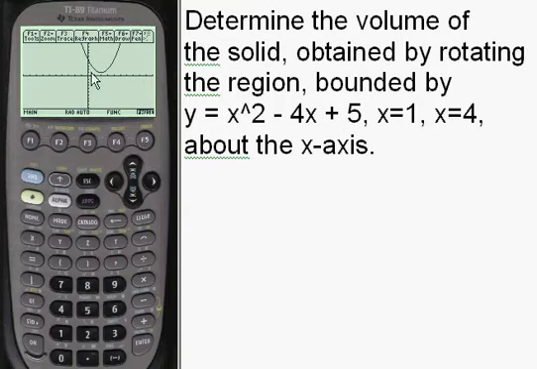Here's 1 here, so you go up there and touch the parabola where it is, and then you go to number 4 here on the x-axis and up, and you're going to rotate that around this x-axis here, and come up with some sort of solid, and you're going to find the volume inside that solid.